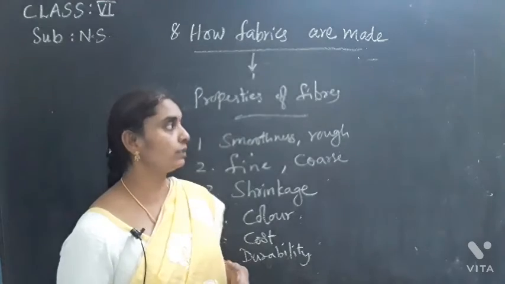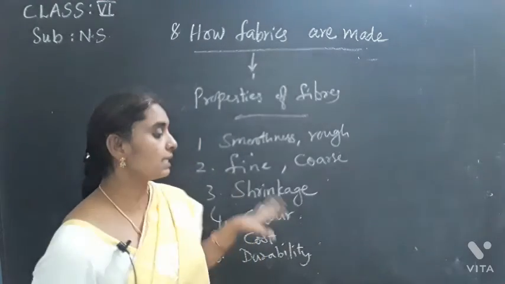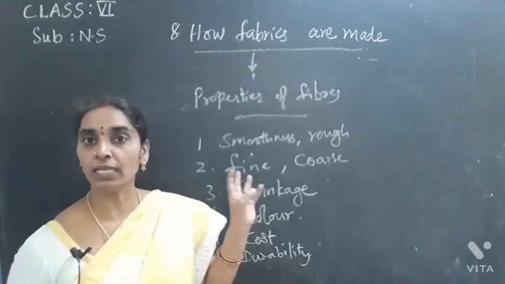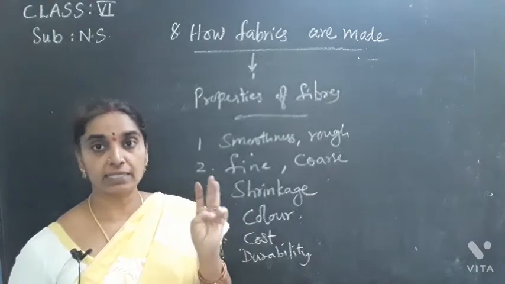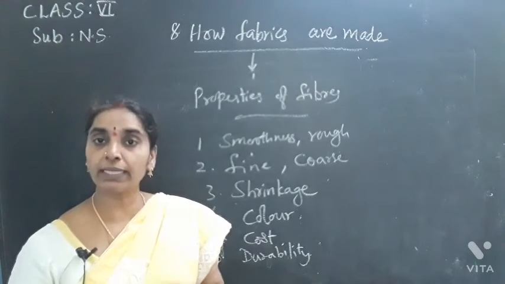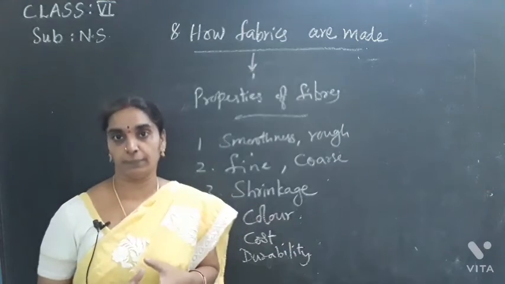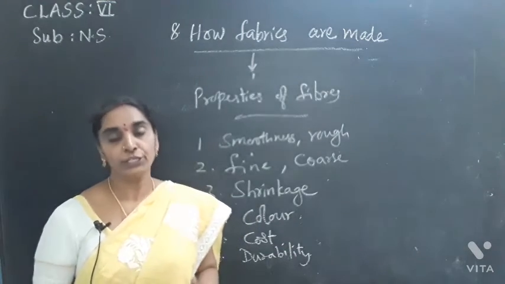So depending upon the usage, you select a fabric. The selection of the fabric depends upon personal choice, the personality of the individual, the property of the fabric, and also the purpose for which it is being used.